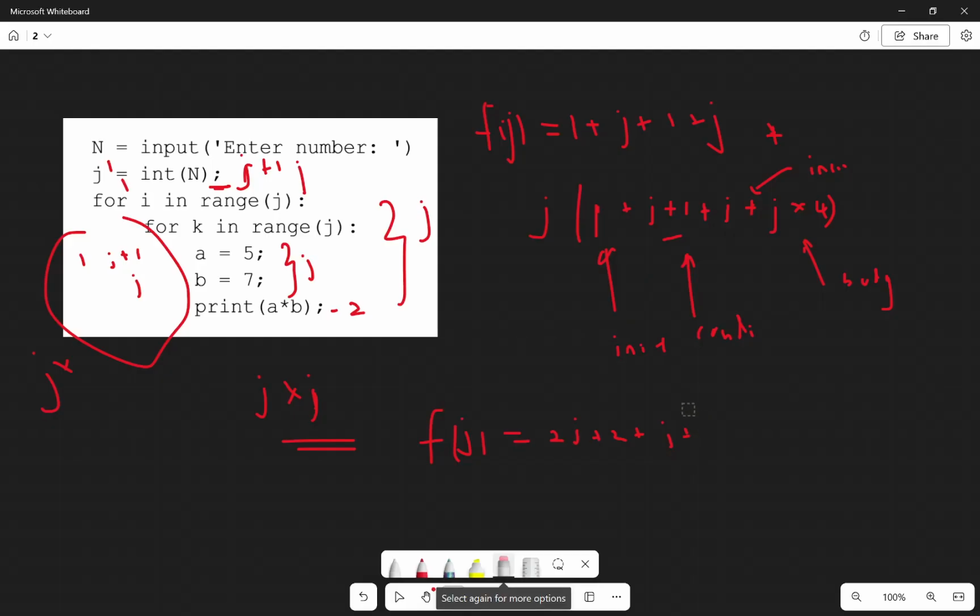Simplifying the first step, this one is going to be 3j squared plus 6j. If you simplify this, you get 3j squared plus 8j plus 2.